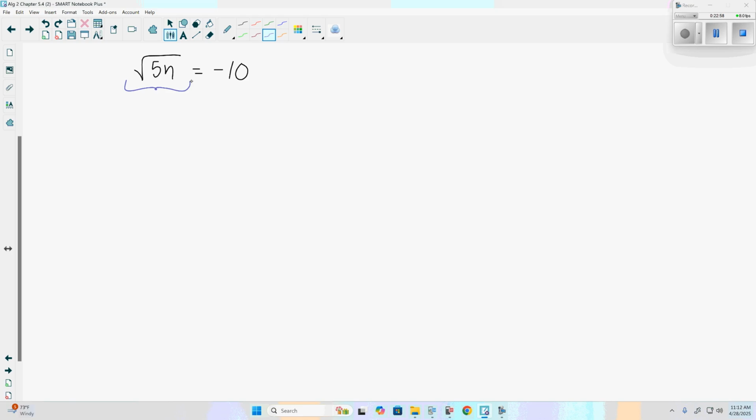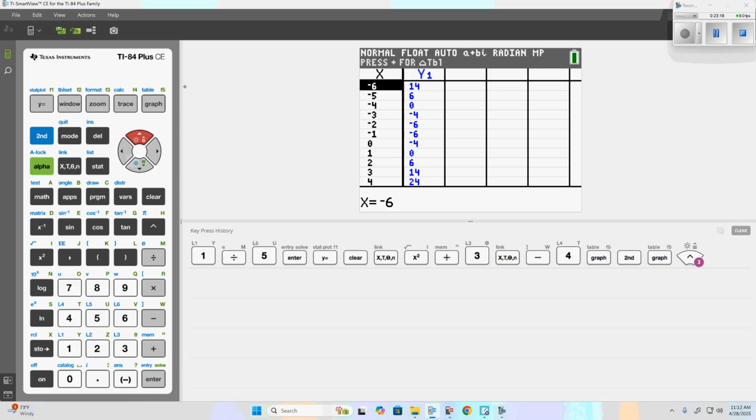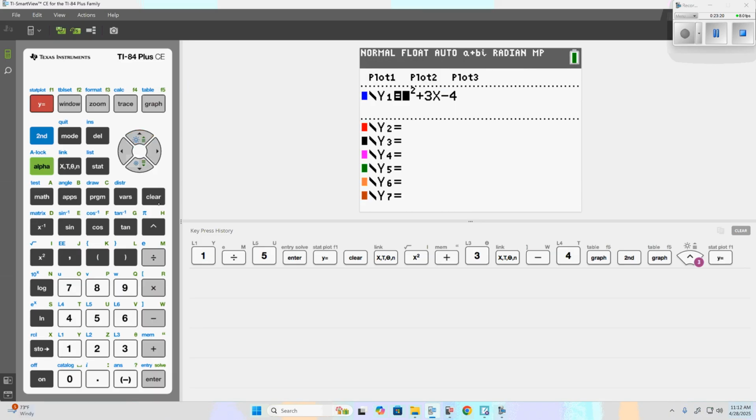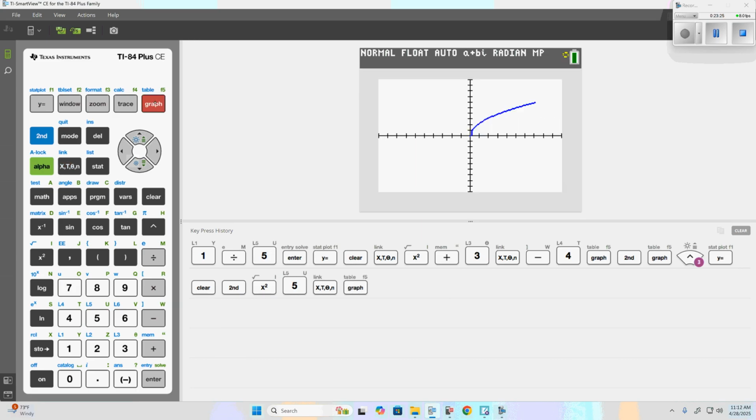Because we came into the same issue with trying to find what times itself equals negative 1. Well, we figured out that x had to be i. And it's kind of different. But here, this square root of 5n, even if we look at it graphically, the square root of 5x does not drop below the y-axis.